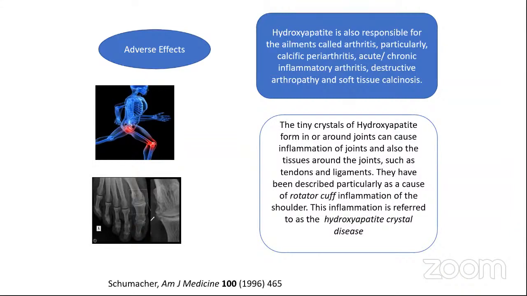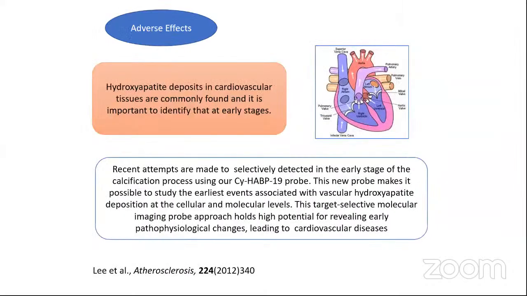The reference is given at the bottom. Another adverse effect is that hydroxyapatite deposits in cardiovascular tissue are commonly found, and it is important to identify them at early stages. Hydroxyapatite is also a culprit in deposition in the vascular tissues, again forming a plaque.